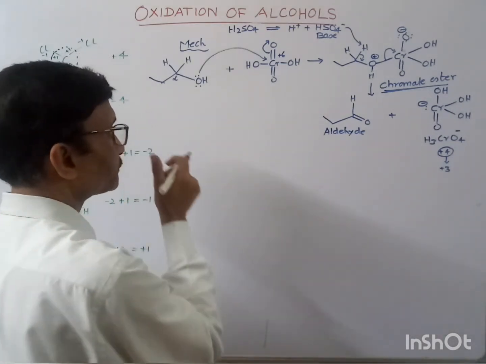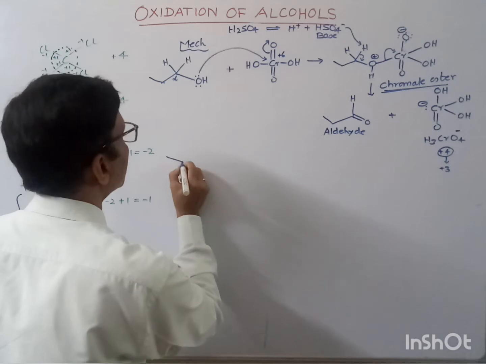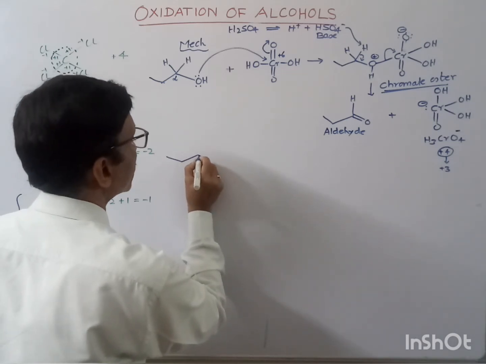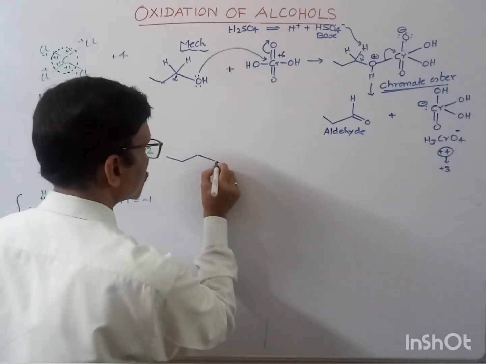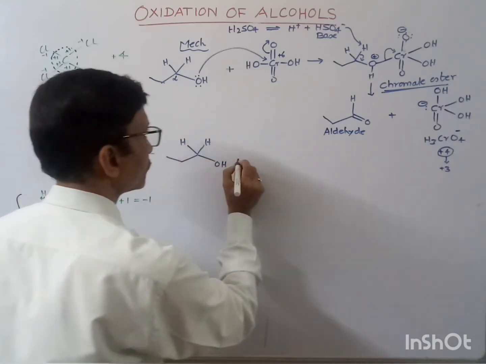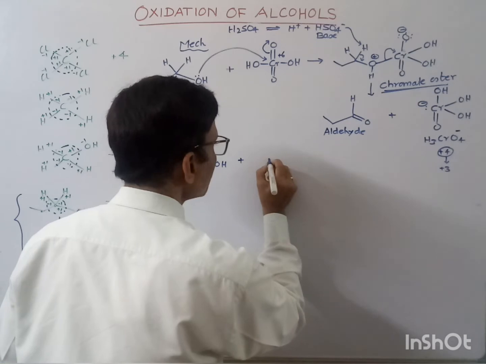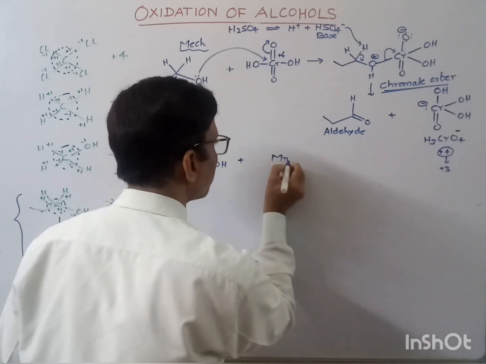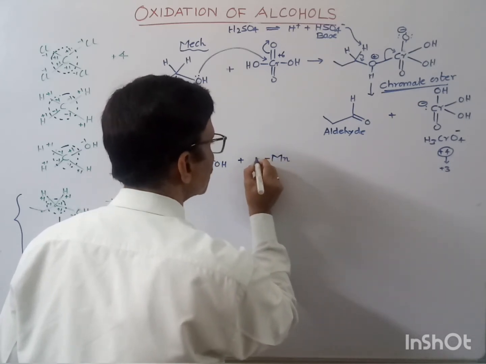Now in the same way, we may write the mechanism with potassium dichromate also. Suppose we have KMnO4 in H2SO4.